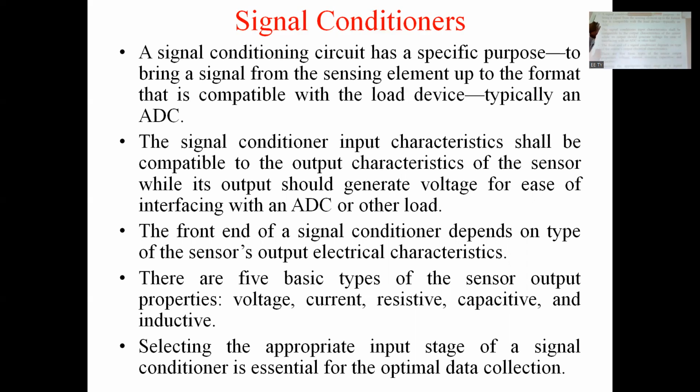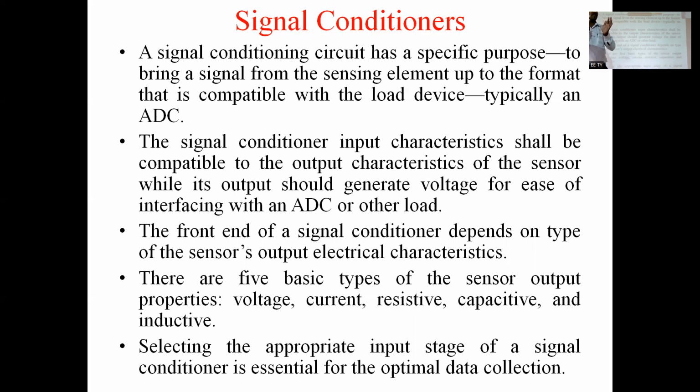The signal conditioner will bring the signal from the sensing element, meaning the signal coming from the sensor, bring it, right? While interfacing the sensor and the signal conditioner, we need to understand the characteristics of the output of the sensor and the input of the interface circuit, or signal conditioner.